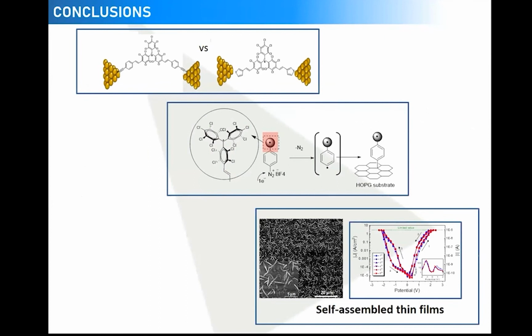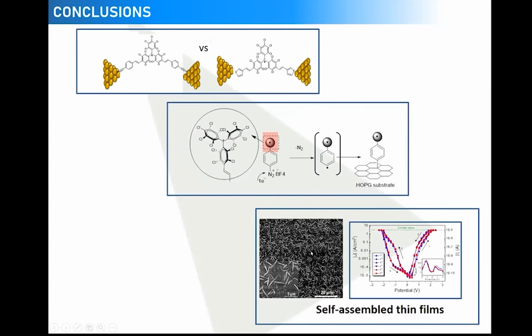To finish, I hope that I could show you how the chemical stability of the radicals permitted us to functionalize them with different anchoring groups, and then allowed us to integrate them in different types of devices. We explored gold, carbon, as well as thin films.